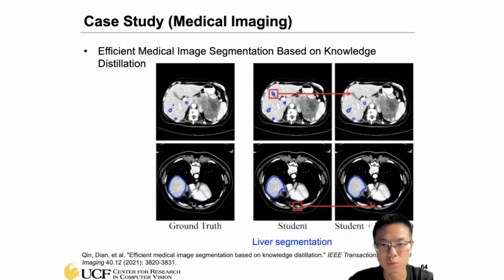So finally, we want to look at a couple of cases for medical image computing. Computation efficiency is also very important, because in a lot of hospitals they do not have powerful GPUs. They may only have computers with CPUs.